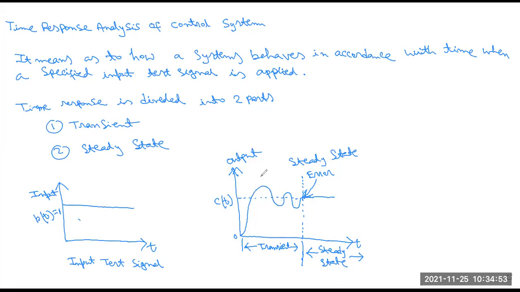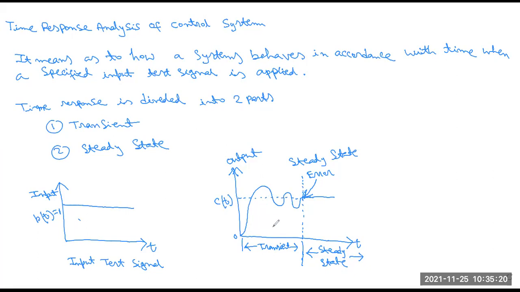So in the transient response analysis, we look at the characteristics that indicate the system speed, that is, how fast the motor is rotating, something like that. And the steady state part of the time response reveals the accuracy of the control system. Just remember these two things.